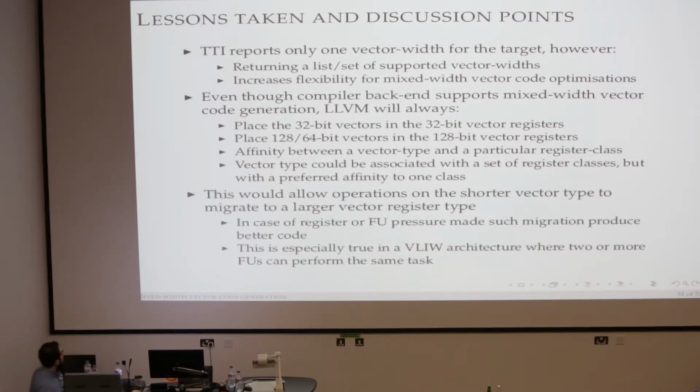This could allow us to move the operation on the shorter vector type to a longer register class, especially in the case of register and function unit pressure. It's also a very valid statement if you are working with VLIWs, where you can have an identical operation in different issue slots.